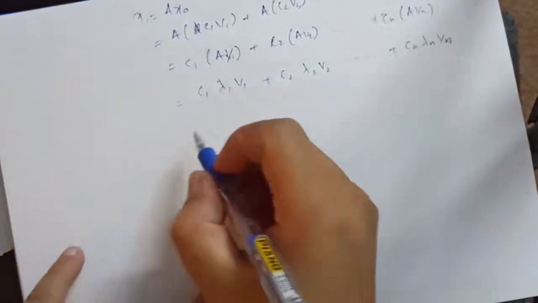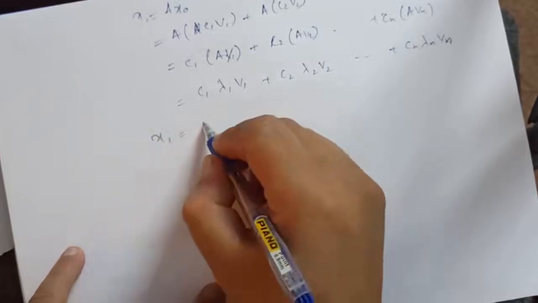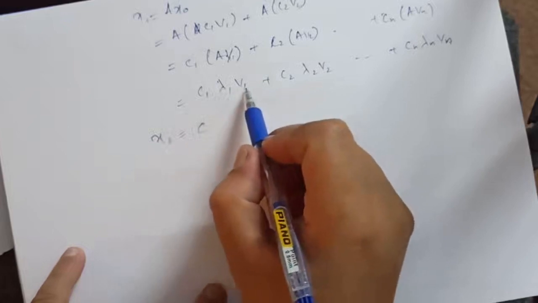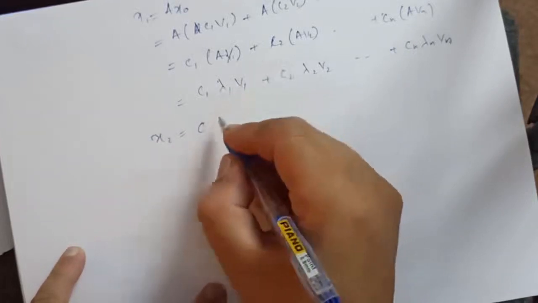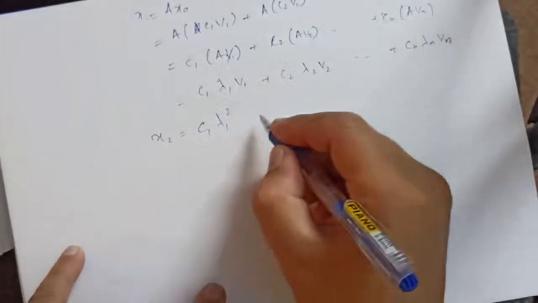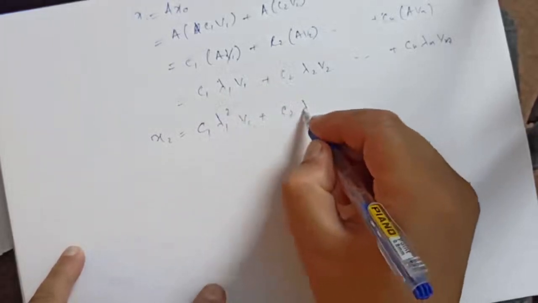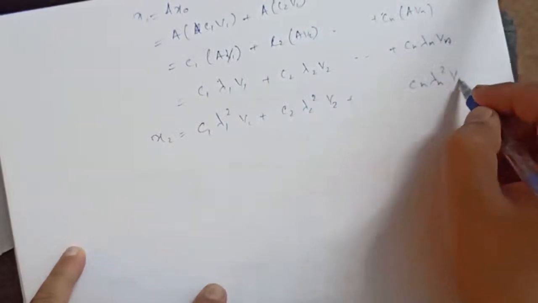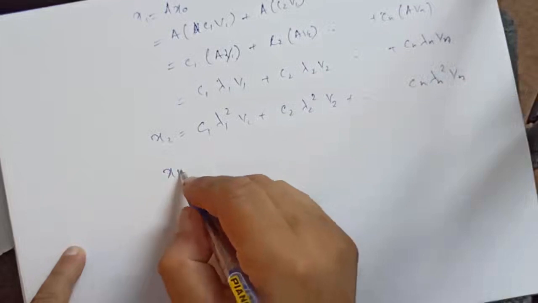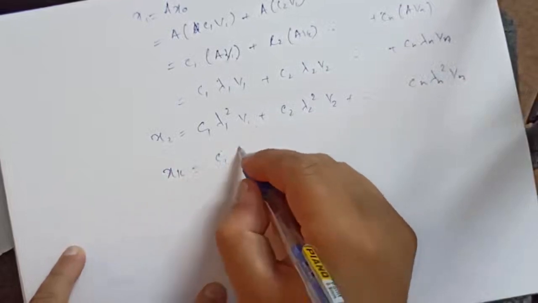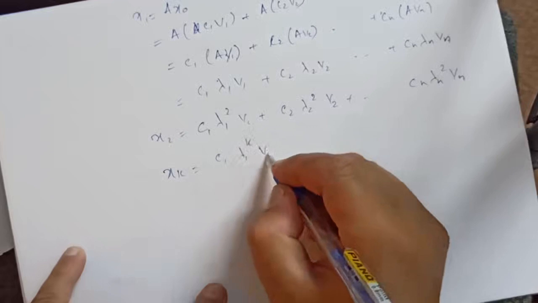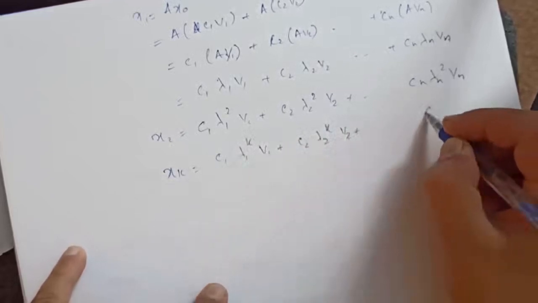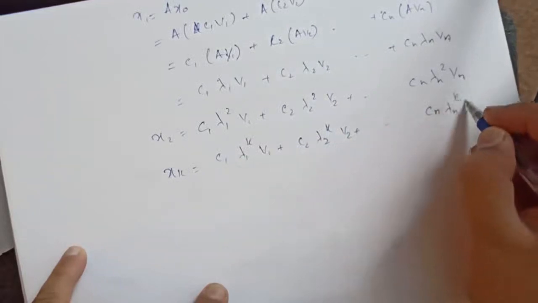Similarly, if we do the next iteration, x2, we multiply by A again, and A v1 is lambda 1 v1, so that becomes c1 lambda 1 squared v1 plus c2 lambda 2 squared v2 plus cn lambda n squared vn. Similarly, xk can be written as c1 lambda 1 to the power k v1 plus c2 lambda 2 to the power k v2 up to cn lambda n to the power k vn.